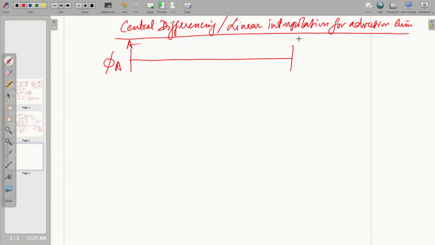Let us say it is a length a b with boundary values of phi given by phi a and phi b, and let us put a few nodes inside. So, these are the control volumes, and at the center of the control volumes we have the nodes. So, incidentally we have marked 5 nodes, and let us use a uniform grid for the purpose.